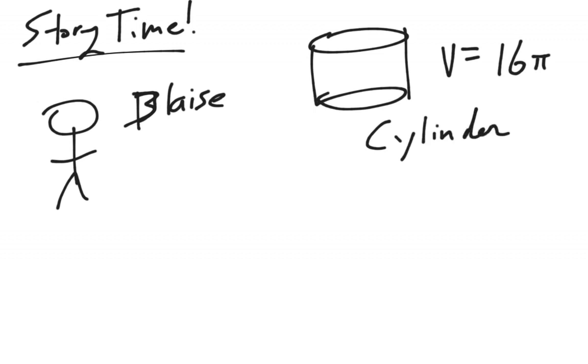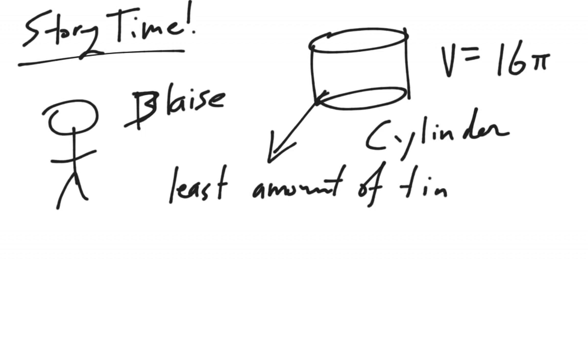And because I want the company to save money, see, we're trying to optimize something, I need you to make the can that has the least amount of tin in it, so that I can get the most bang for my buck, basically. I want the least amount of tin that still gets me 16 pi volume units.